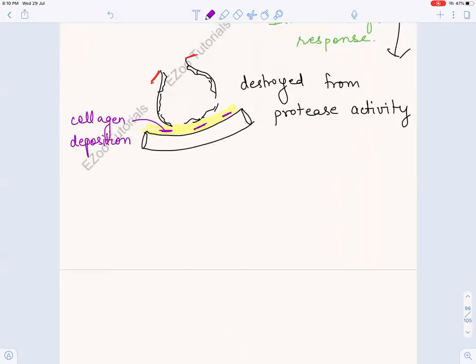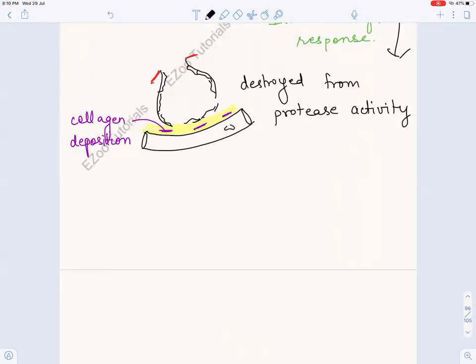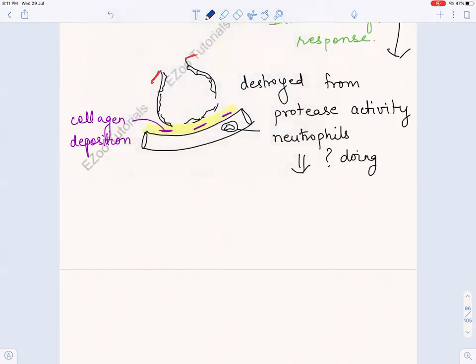And what else will happen? Let us see. I told you there will be some neutrophils, right? What are these neutrophils doing? They secrete protease, mainly elastase.